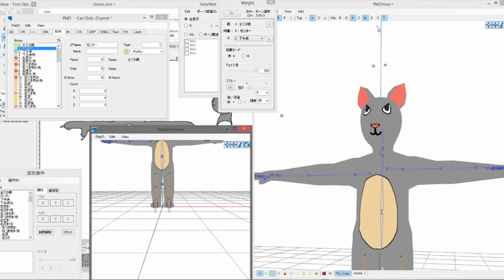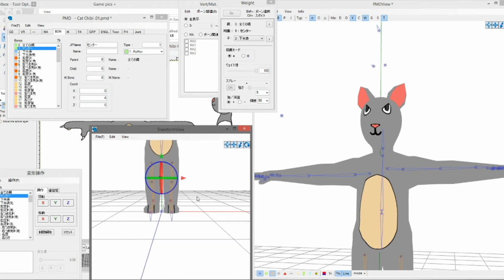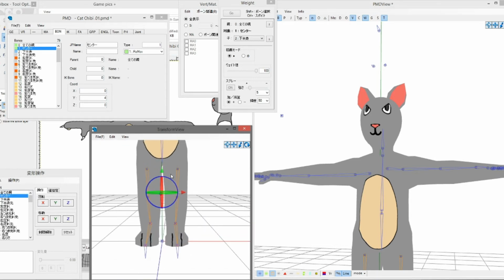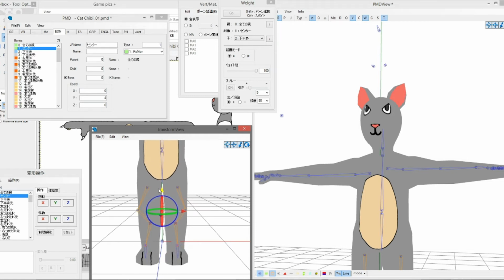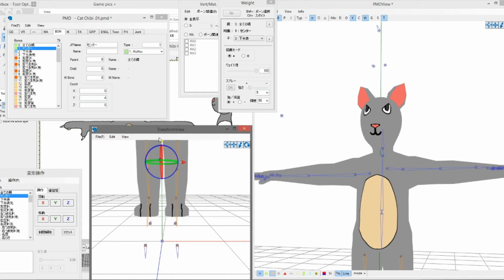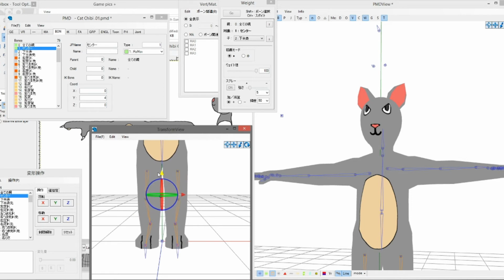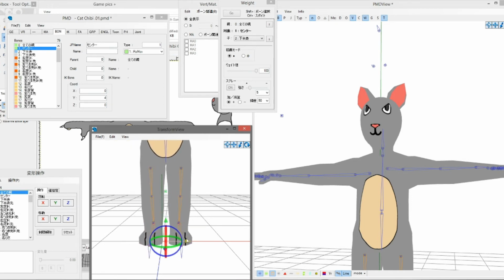Alright, so if you need to bend the legs, you can bend them by moving the centerpiece and the all bone in the centerpiece. Center is a locomotion. It only moves the bones to an extent, but the all moves everything.